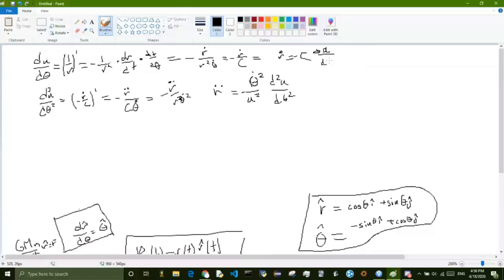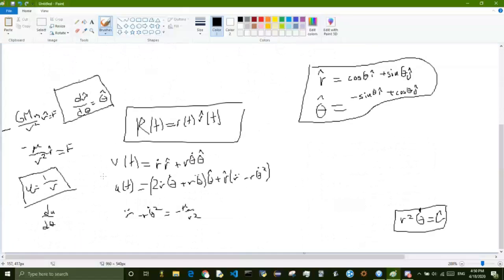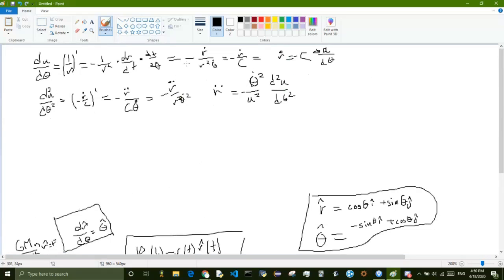Now we can plug everything back into the original equation. The original equation was r double dot minus r times theta dot squared equals negative mu over r squared. So I'm going to plug in for r double dot. R double dot is simply theta dot squared over u squared, d squared u d theta squared.